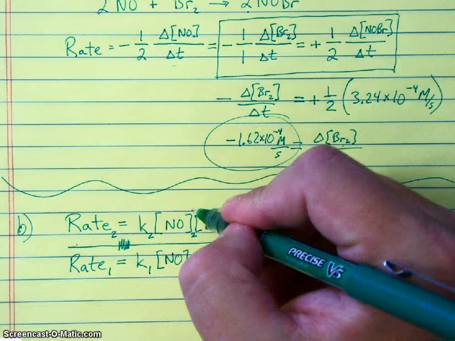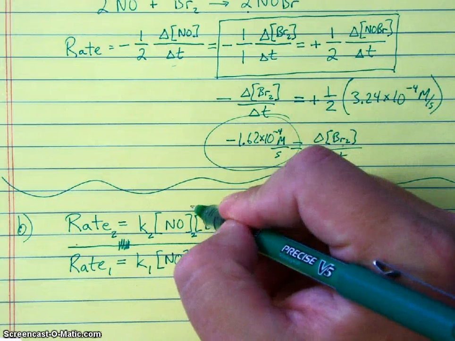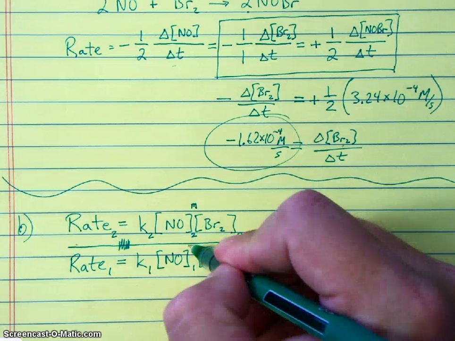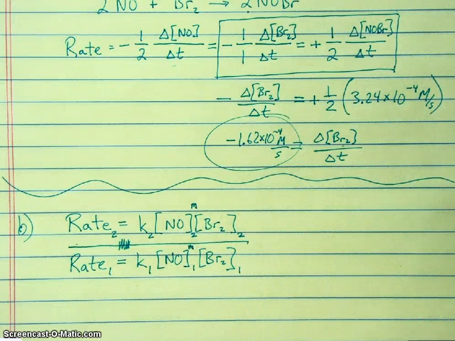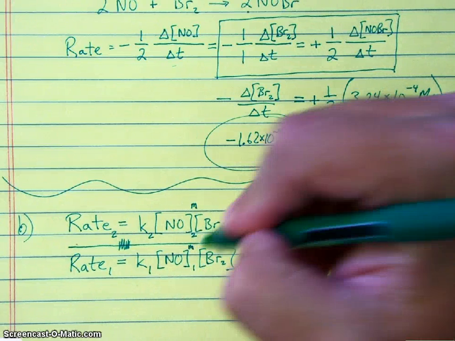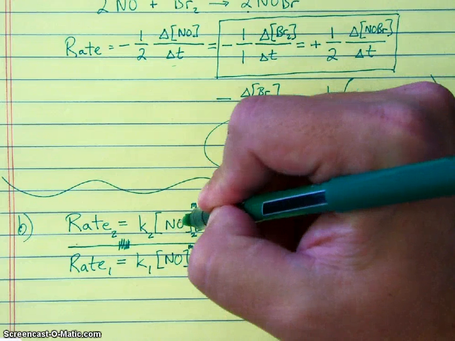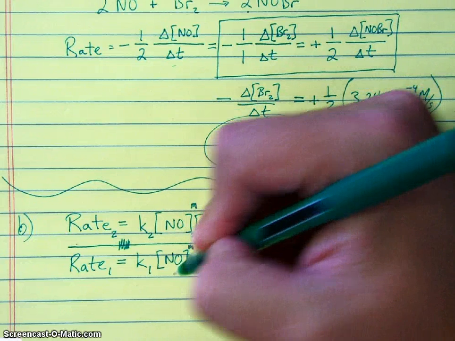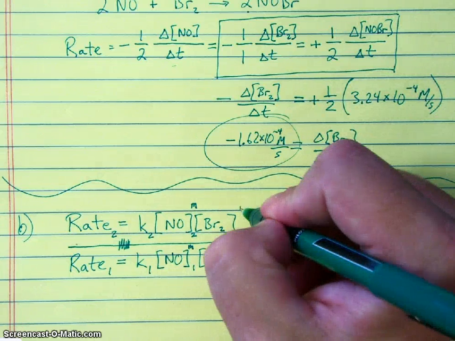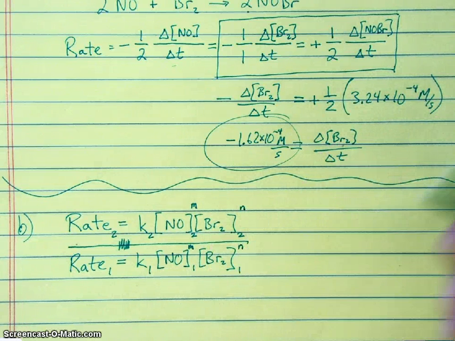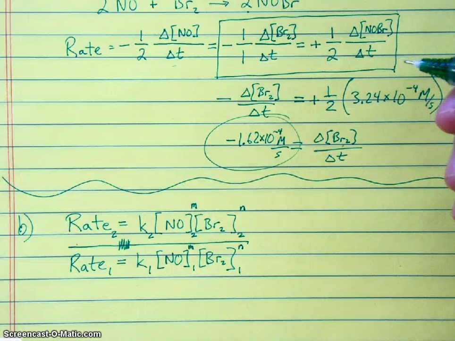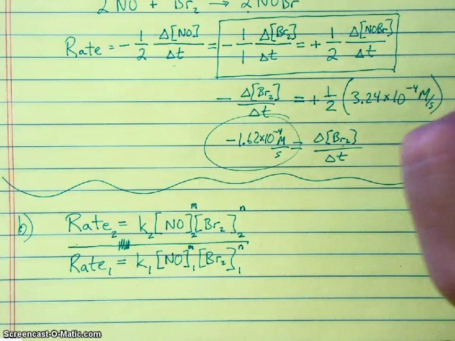Orders are exponents, and the order for NO will be represented by the variable m, and it will be the same for this NO concentration and that NO. Orders do not change. The letter lowercase n will be the order symbol for the bromine.